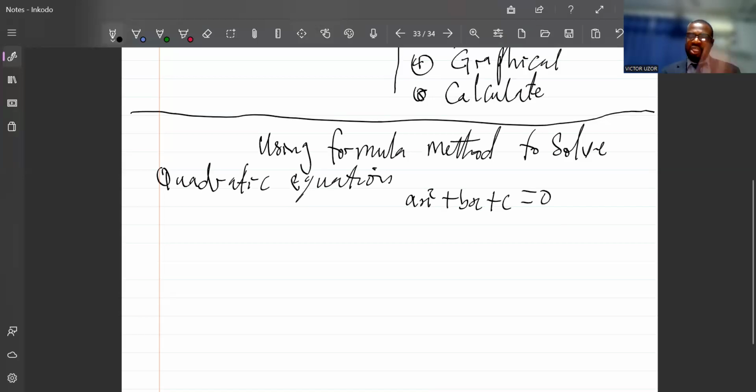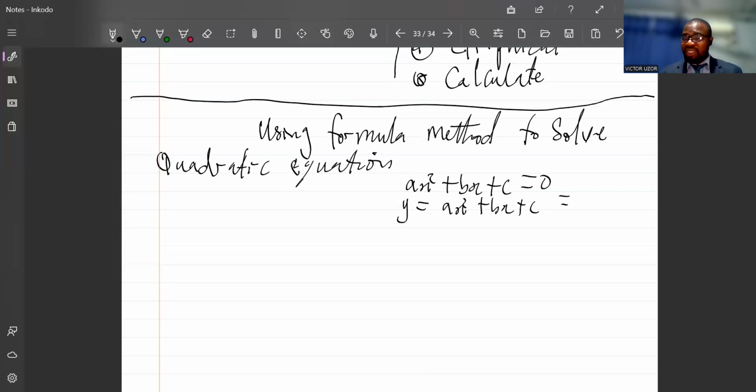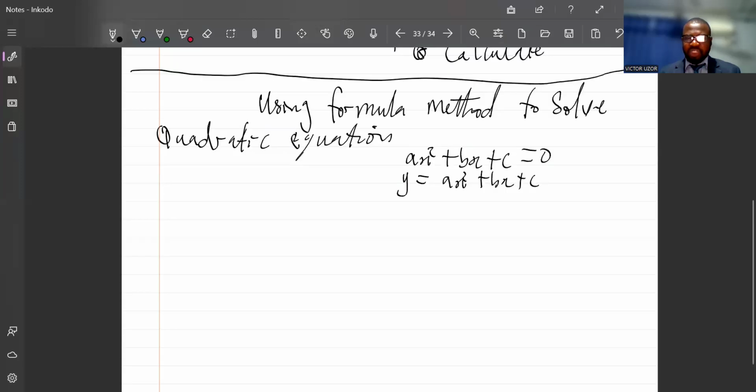When it's plotted on a graph, we represent it as y equals ax squared plus bx plus c. So when you are finding x, the x value is going to be the x-intercept. But I'm going to talk about that later when we start talking about the graphical method.